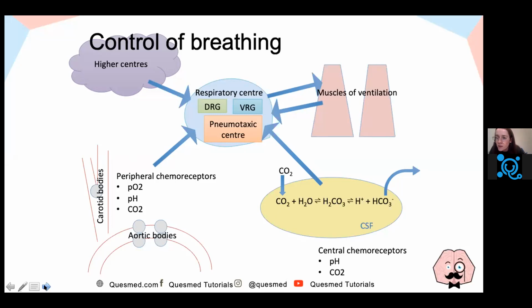Can you clarify the difference between aortic and carotid body response? Yes, so the carotid bodies are found at the bifurcation of the carotid arteries. They have a really high blood flow going past them, and they work by using that oxygen for metabolism, or respiration, creating energy.